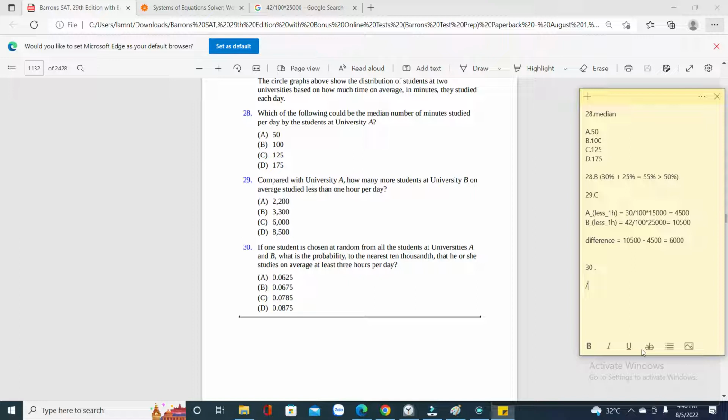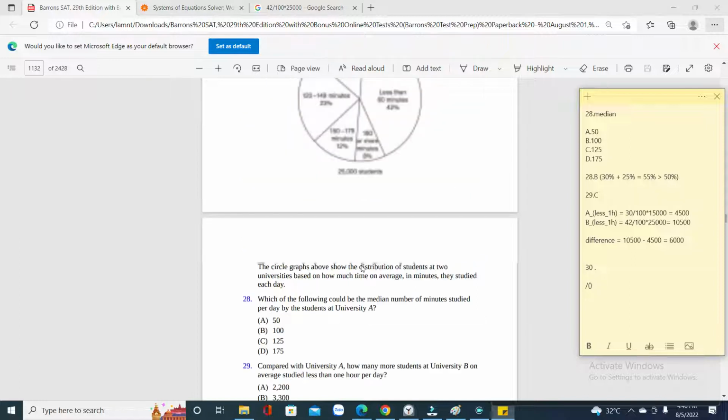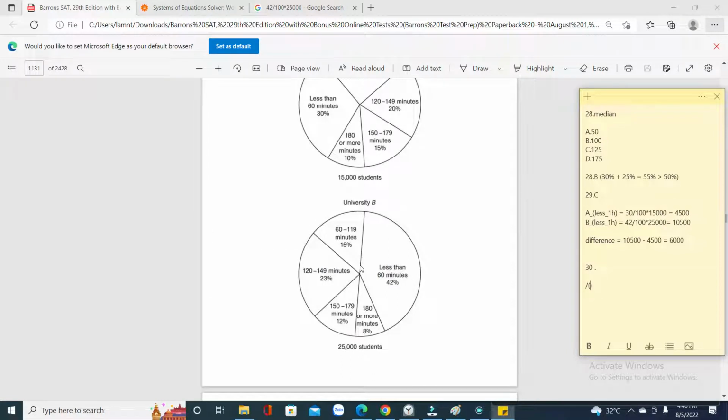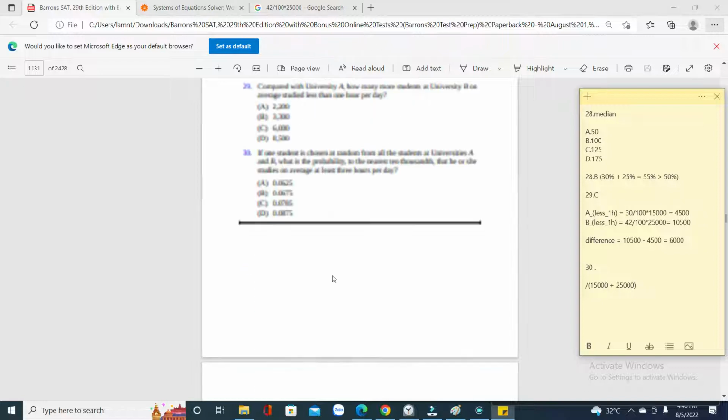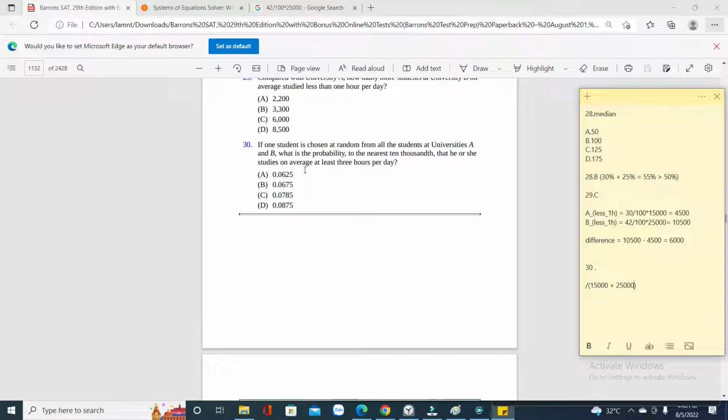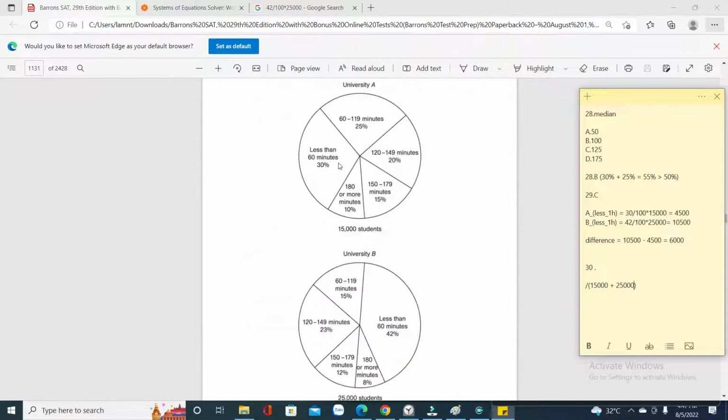The total is the sum of students from both schools, 15,000 plus 25,000. At least 3 hours a day means 3 hours or more, which is 180 minutes or more.